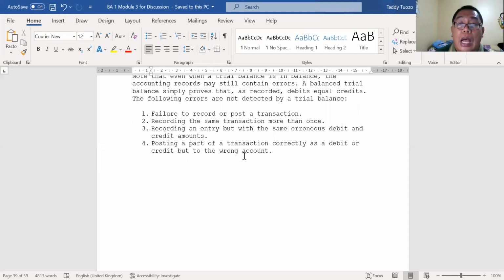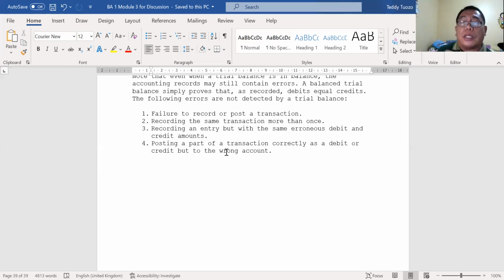Number 4, posting a part of the transaction correctly as a debit or credit but to the wrong account. So, siguro sa balance determination, dili gihapon no bisan na sa job ka pag-post sa gikan sa journal to the ledger. Let's say for example, ang cash na record mo sa accounts payable na debit, it will not cause an error in the trial balance, no?